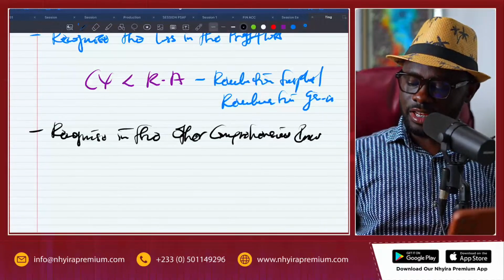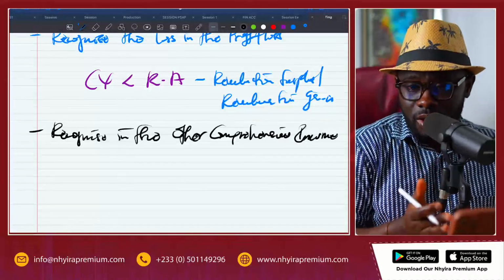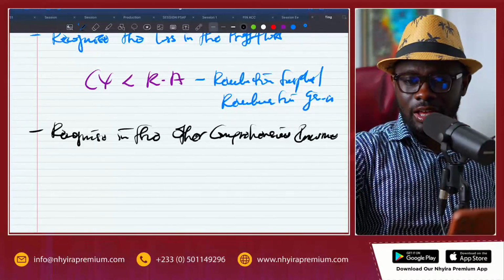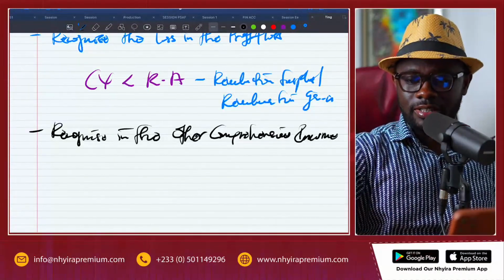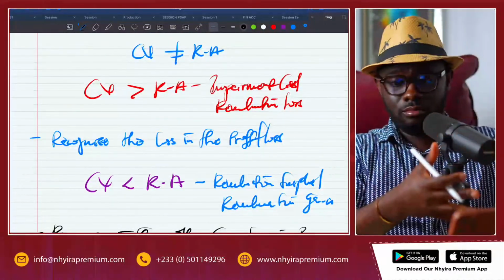And so this is the default treatment that we start the discussion with: when we revalue an asset for the first time and we get a loss, it goes to P&L.